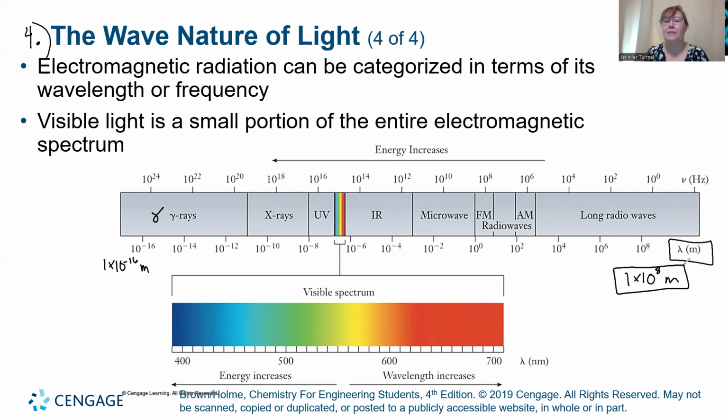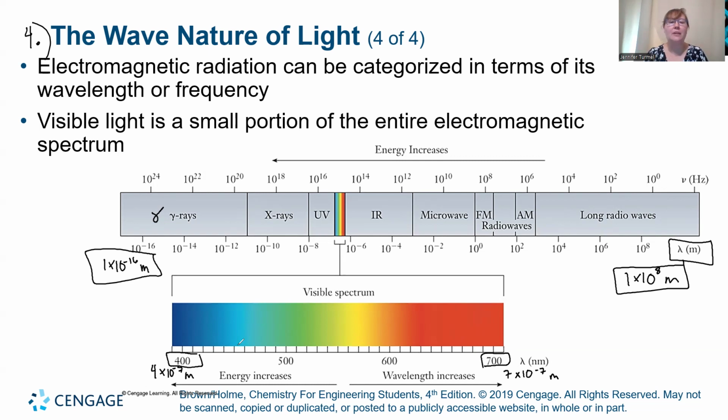In the middle, you have your visible light spectrum, which is anywhere from 4 times 10 to the negative 7th meters up to 7 times 10 to the negative 7th meters, or 400 nanometers to 700 nanometers.